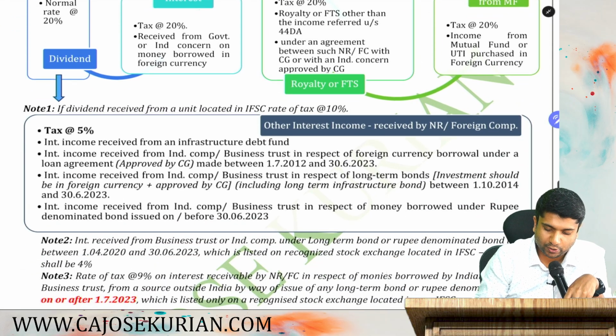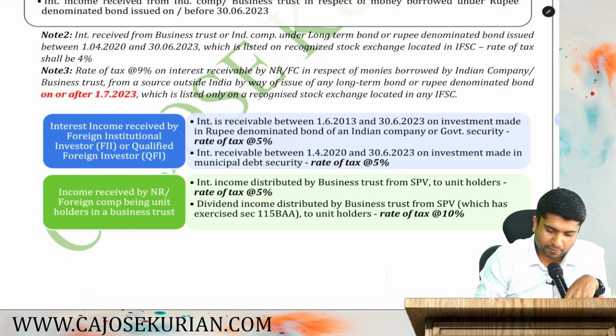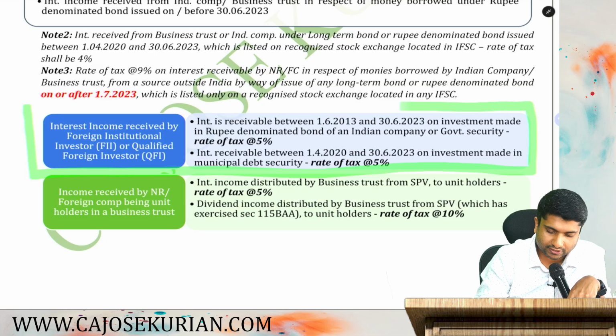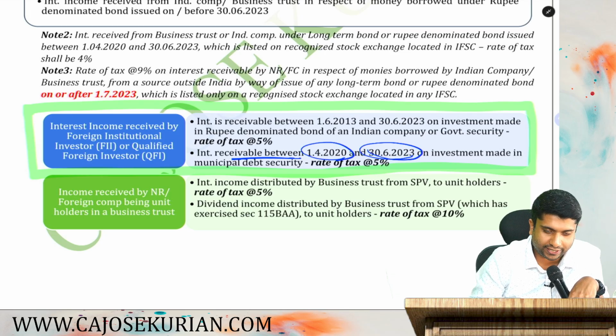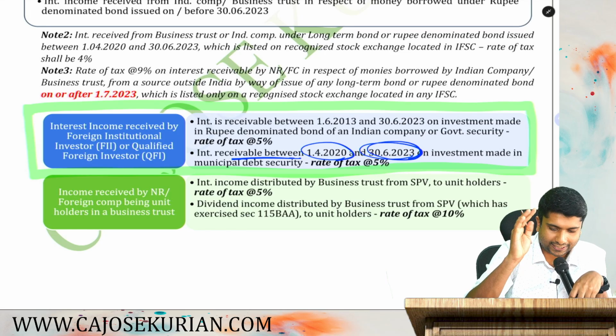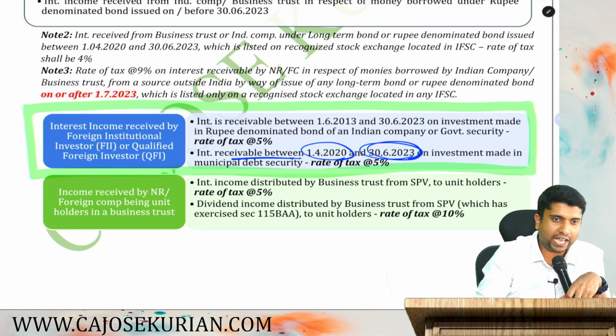Now you have happy news over here. You can simply strike off this part. This is not required, because this is basically interest payable or receivable between 2020 and 2023. That period is already expired. Only for information purposes, I have given this particular blue chart over there.